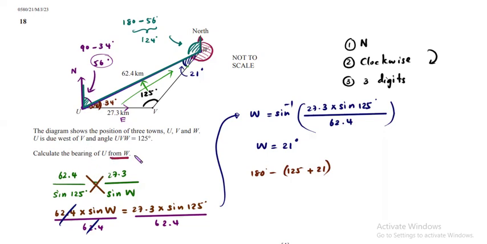That's the bearing of U from W. For me to find how much this angle is, from 360 degrees, I would deduct this angle that we just found, which is 124. That will give us the bearing of U from W. So from 360, when I deduct 124, we get 236 degrees. This is the bearing of U from W. With that, we will be done with this question.